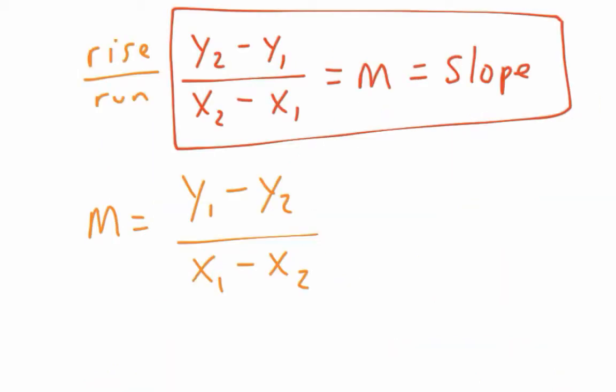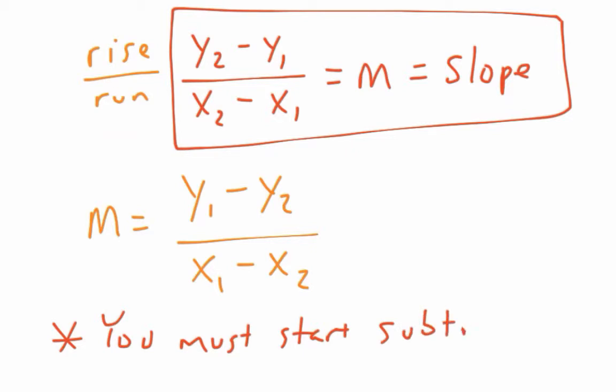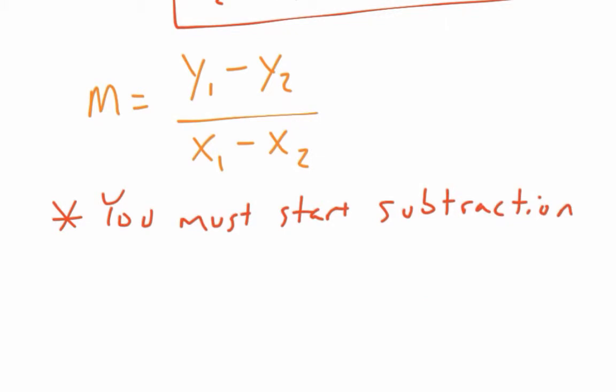You might want to consider putting something like, you must start subtraction with the same point. It's totally up to you if you want to, but you must start the subtraction with the same point.